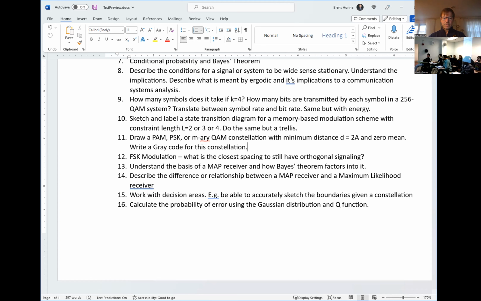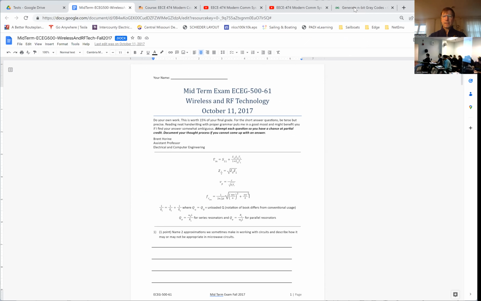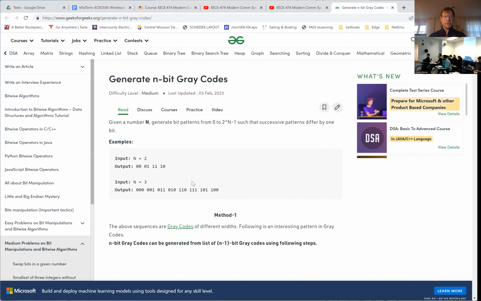There's a few things online here. I will include a link to this site over here where it gives you a methodical approach that I think is easy to understand about how to generate those.